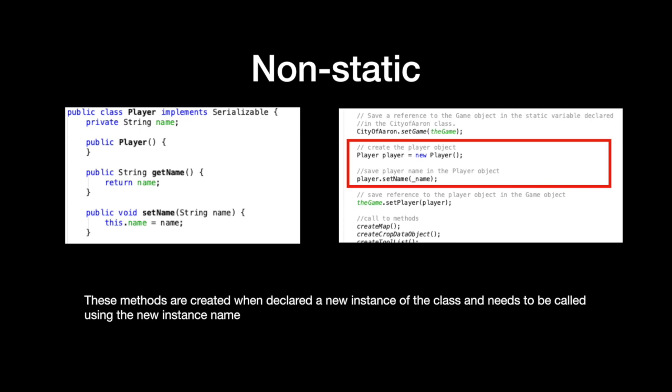For example, in our game, the player instance of the class is created in the new game option. It creates a new player, and then we use the function declared in the setName method. We call it by using player, that's the name of the variable that we created to store the new instance of the class, and then dot setName.